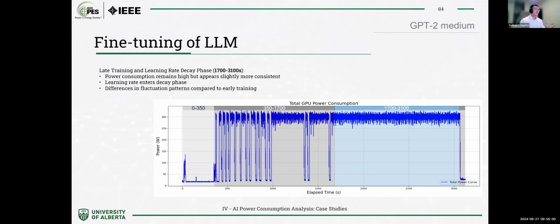We can observe that even in this fine-tuning process, the second phase and the third phase exhibit totally different power behavior. At the end, it just checkpoints and shuts down all the algorithms. So the power consumption goes to 0 somehow. Not 0, but near 0, the idle power consumption.